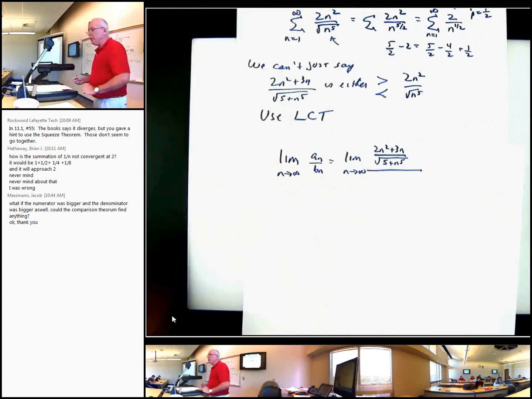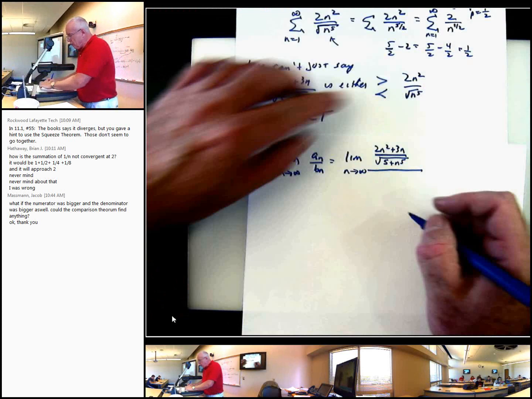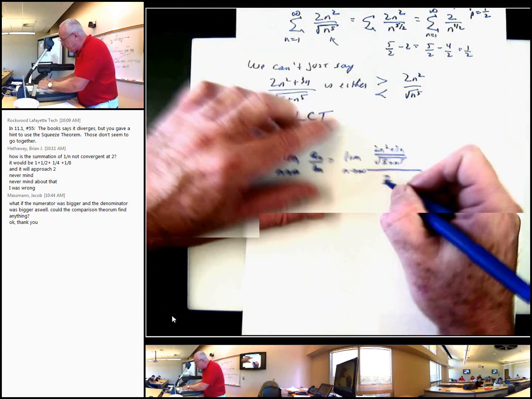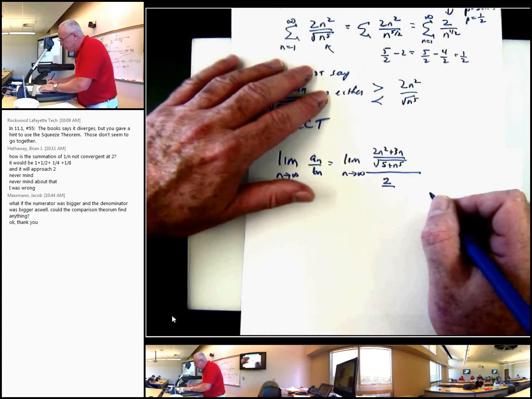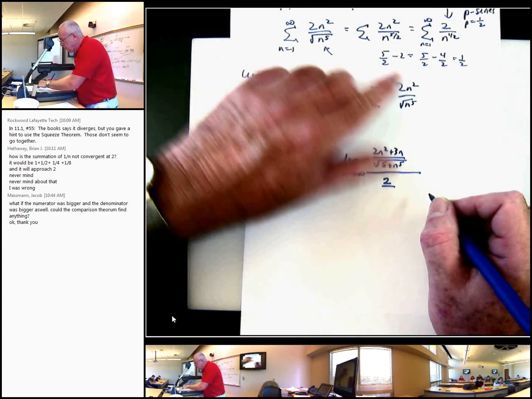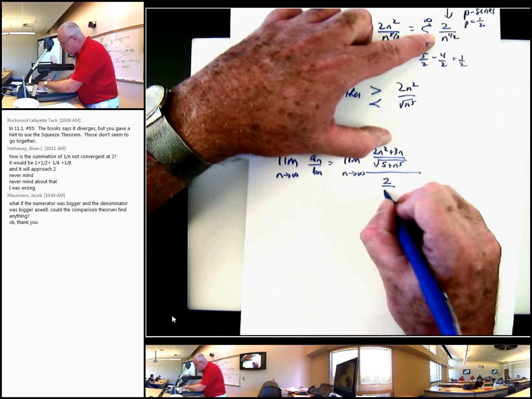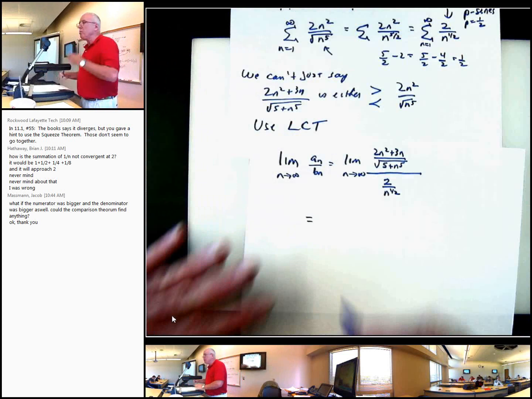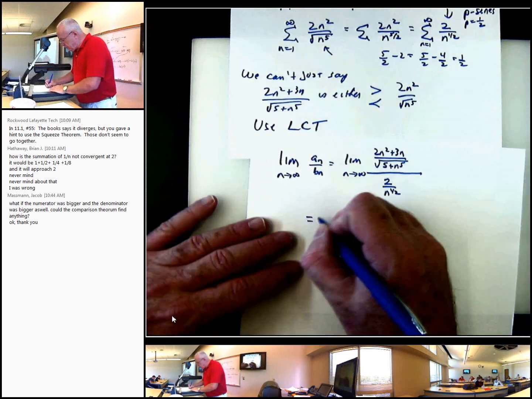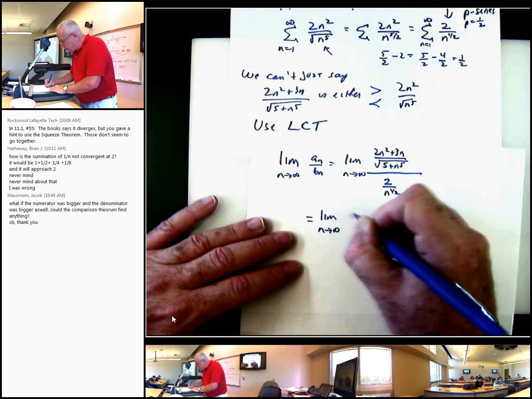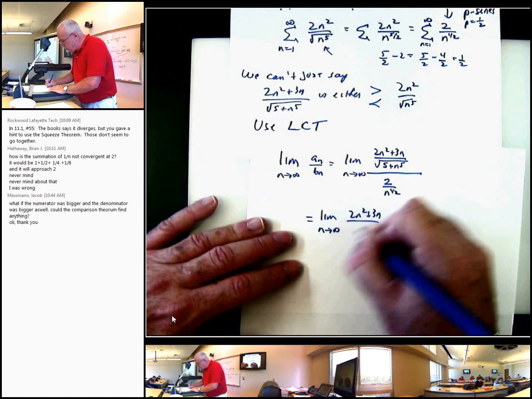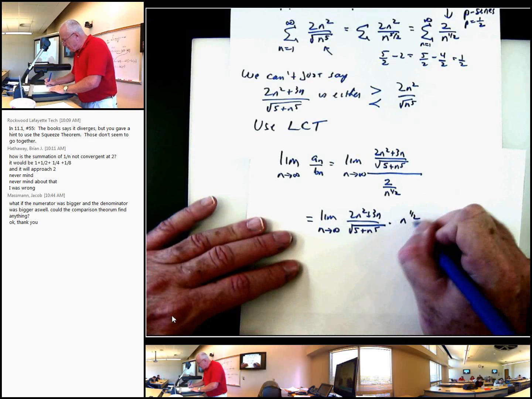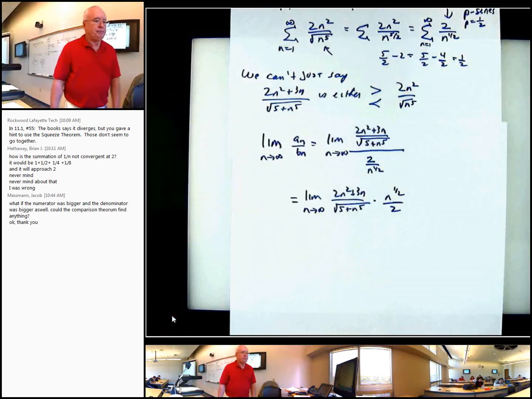That's all in our numerator, divided by our comparison term, which is 2 over n to the 1/2 power. Again, we're dividing by a fraction, so we multiply by the reciprocal of the denominator.